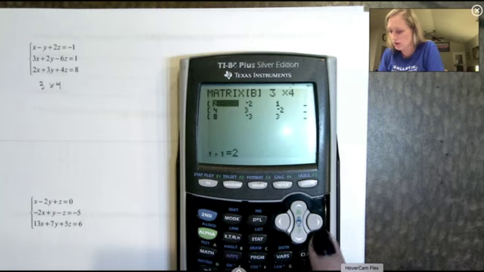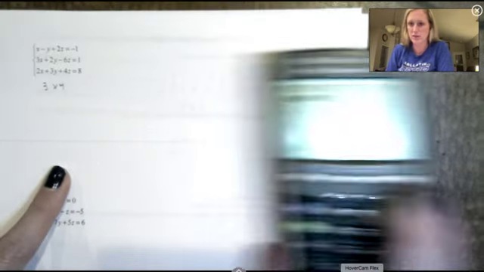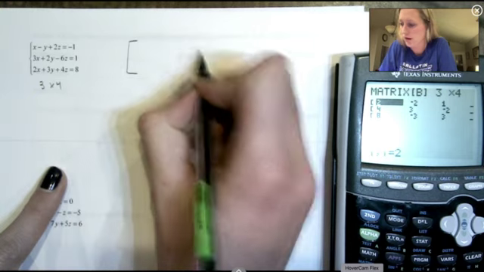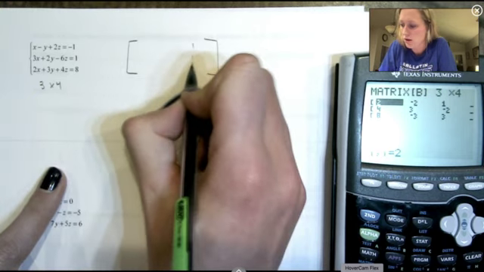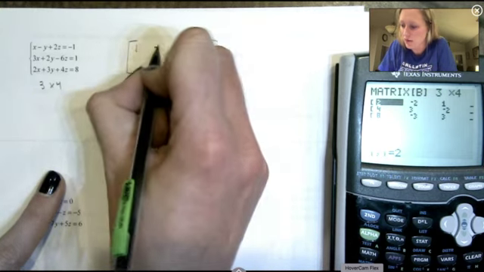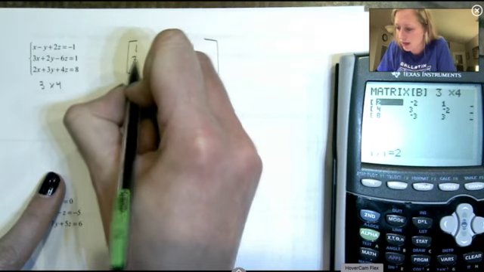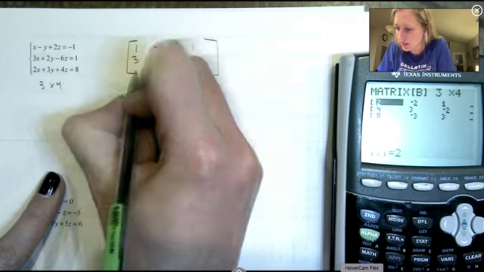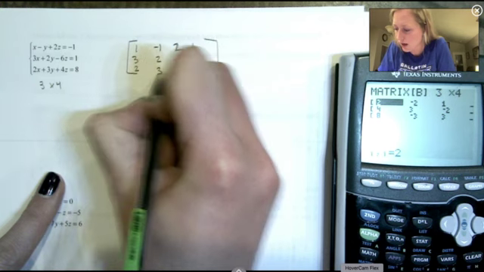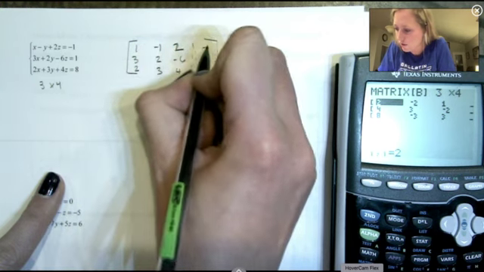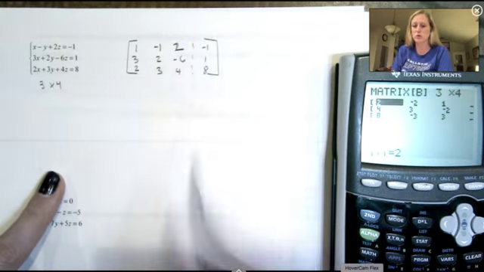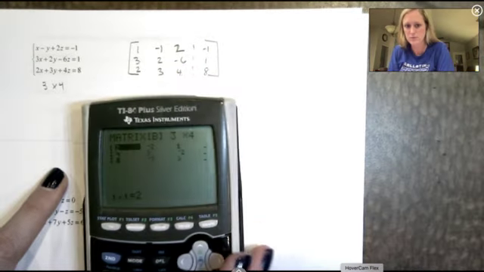And now I'm going to enter these. So I'm actually going to write this out here first, you guys, just to make sure we have it. Okay, so I have 1x, negative 1y, 2z, 3x, 2y, negative 6z, 2x, 3y, 4z, negative 1, 1, 8. Okay, so those are the entries I need to be doing.